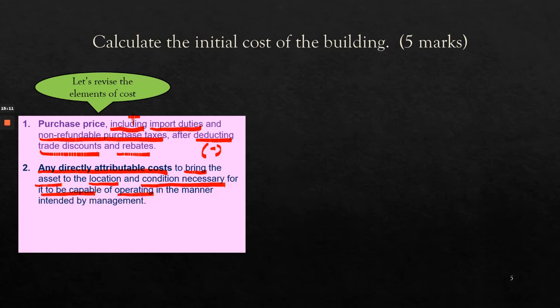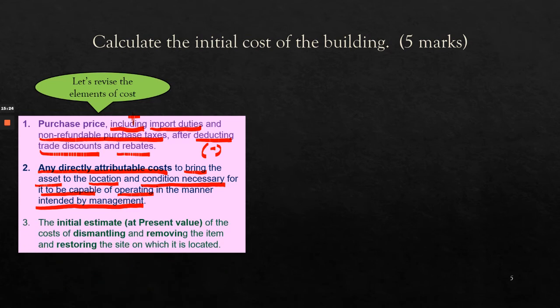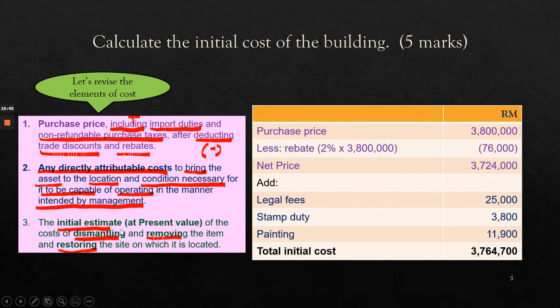Remember, it is used to display the tablewares, so it shall be capable of operating in the manner intended by management. Next, it should also include the initial estimate of dismantling, removing, and restoring the item or the site at its present value.